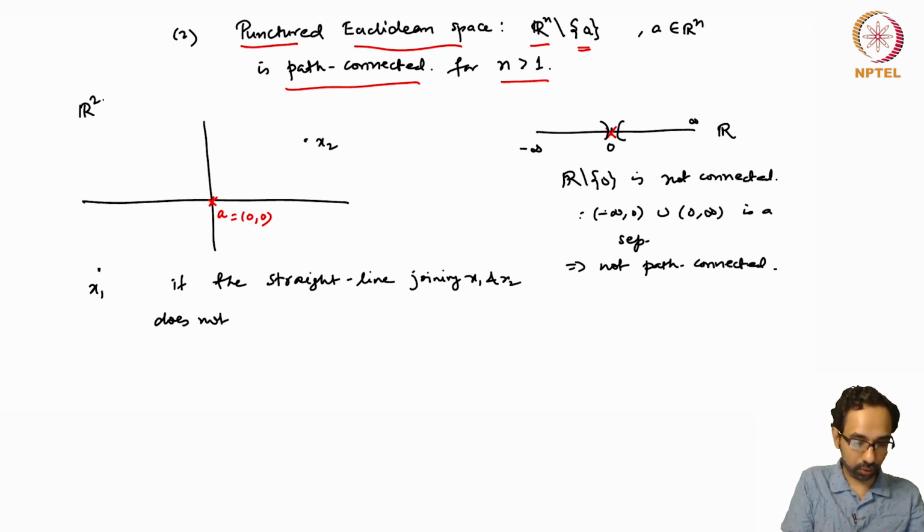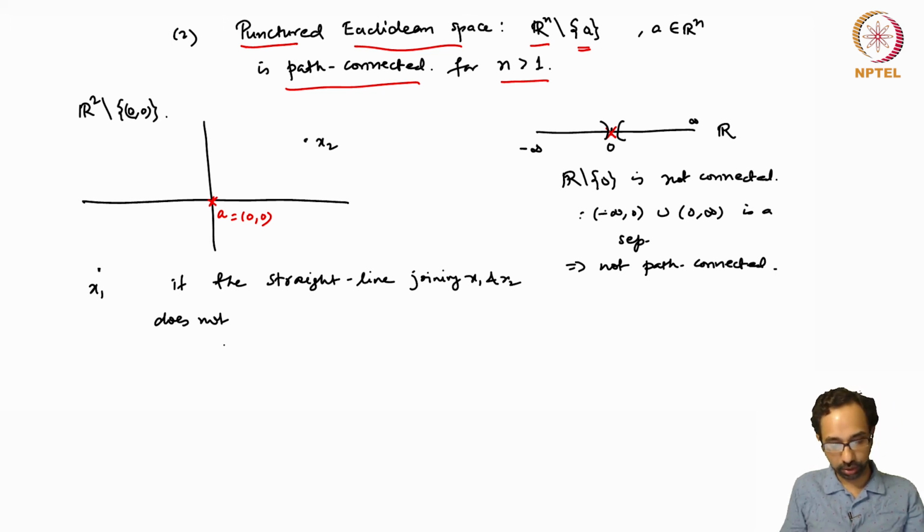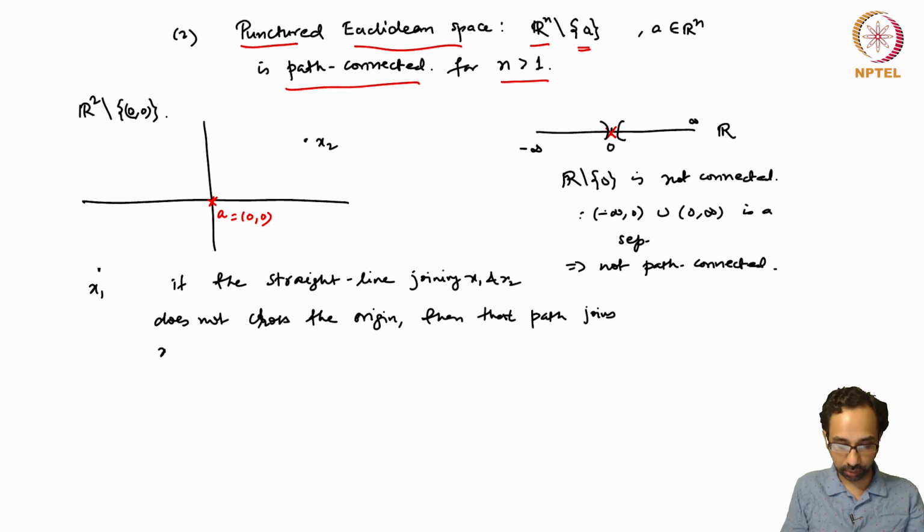So this is R2 minus (0,0), and if the line does not cross the origin, then we can just take that path, which joins x1 and x2 in the punctured Euclidean plane.